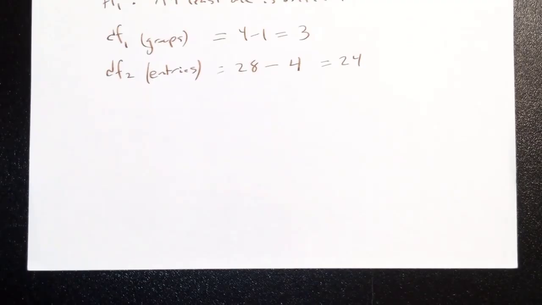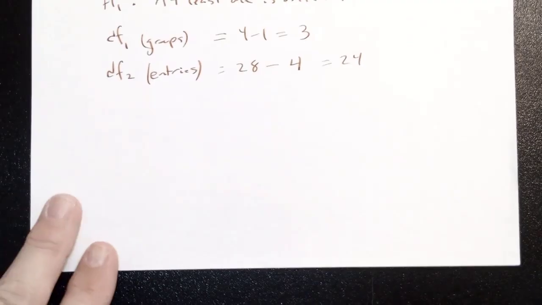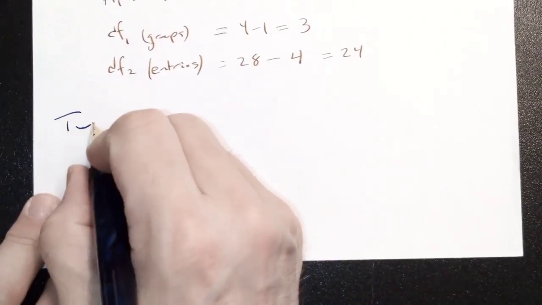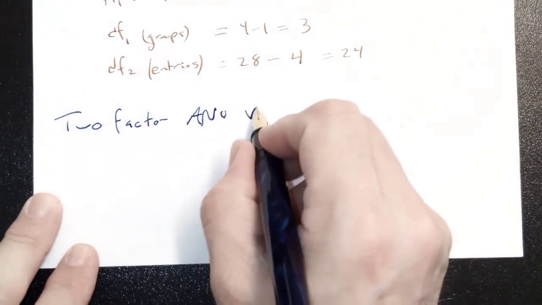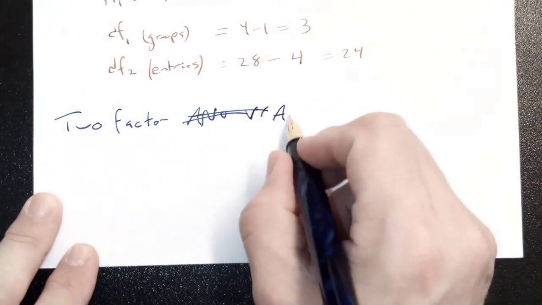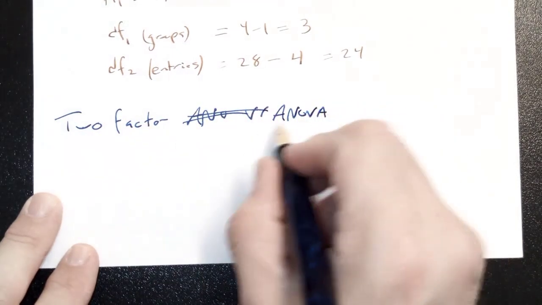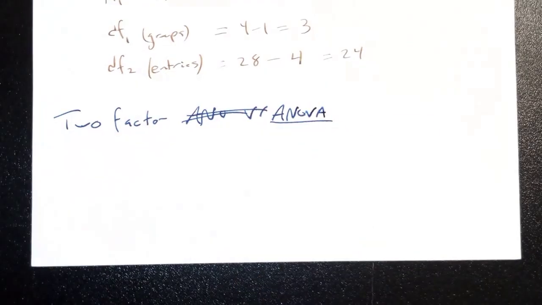So what happens if there's more than one thing that matters? What if I have two factors?